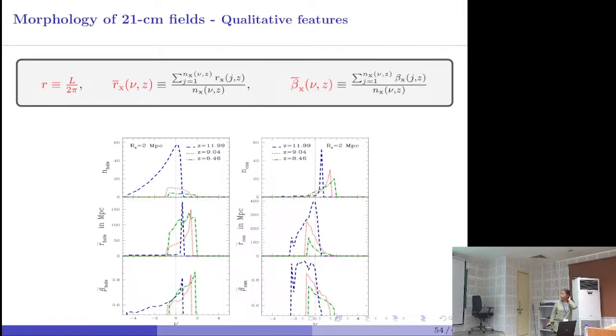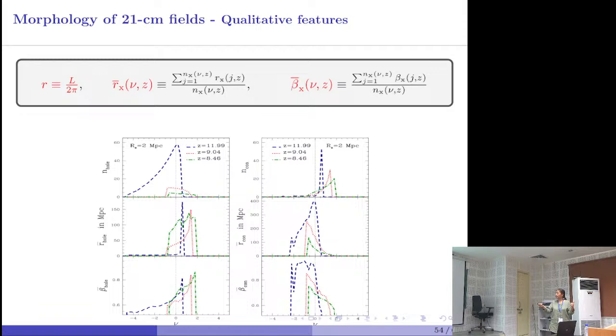Okay, so let's look at the morphology. First, I'll talk about the qualitative. Before we do any constraining, we have to understand how the physics gets encoded in the morphology. For doing this, I'm going to define a size parameter. So n was supposed to be the holes, and everything is done in 2D.